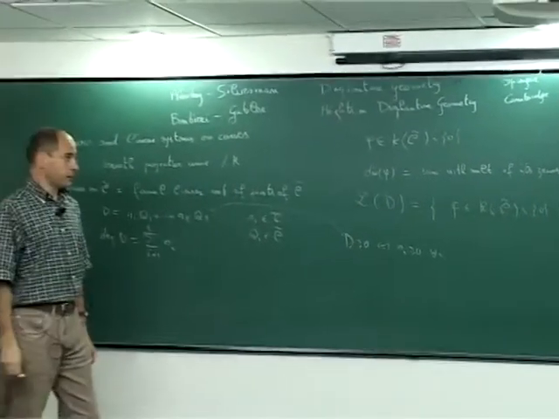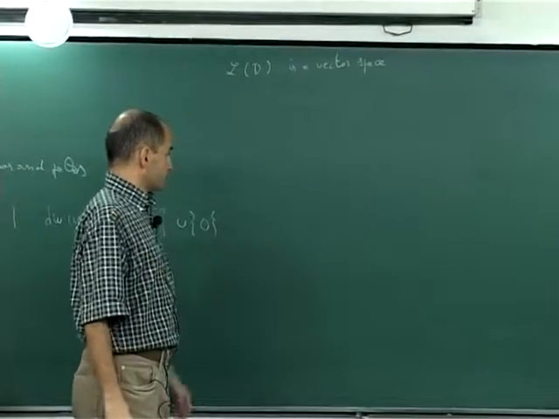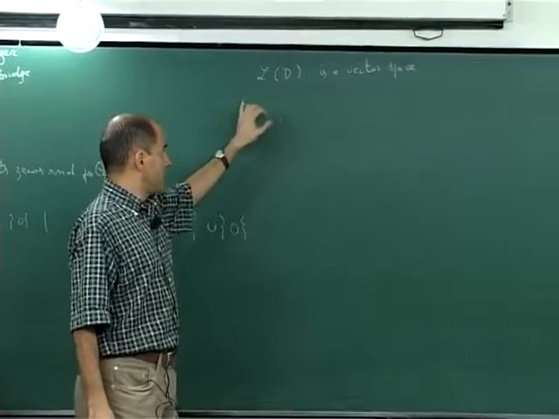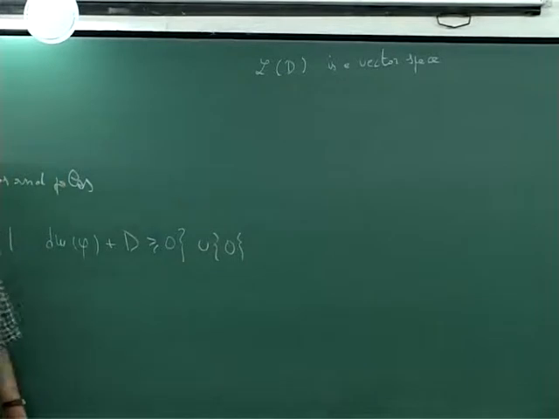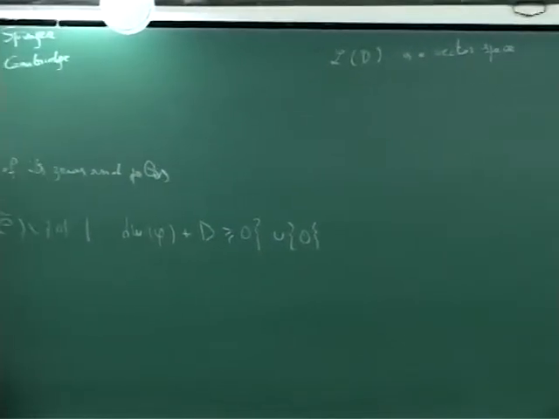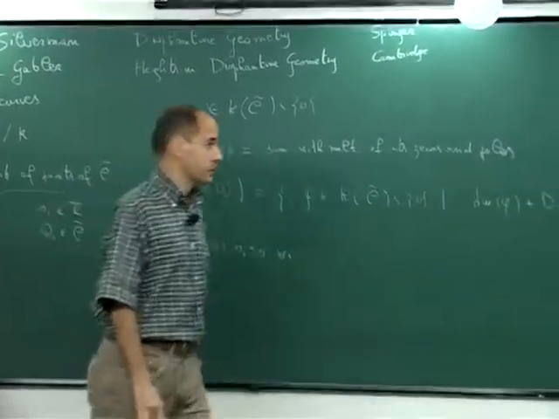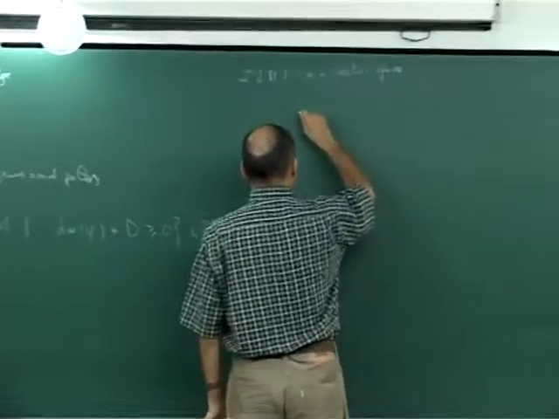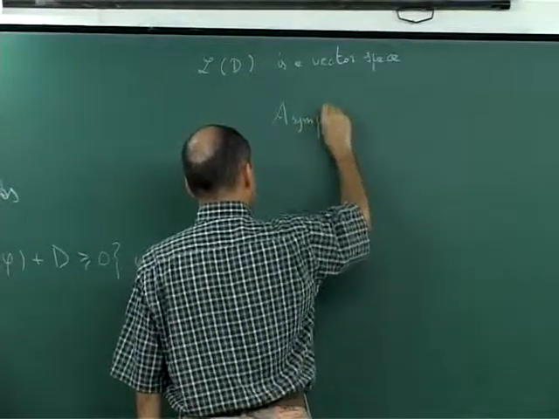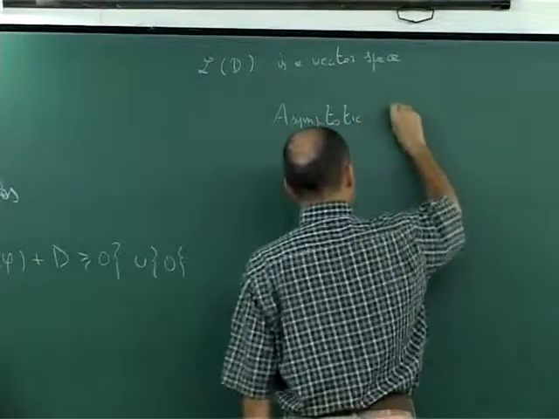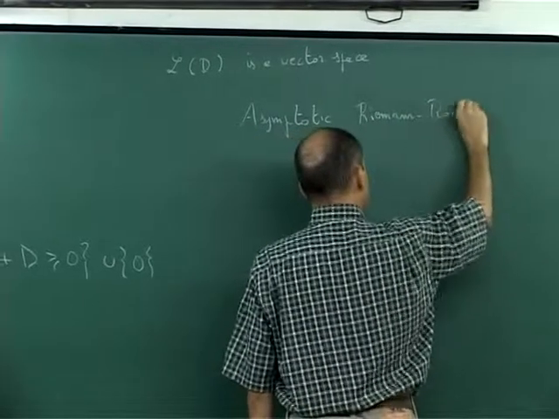It is always of finite dimension, and what I need is a weak version of the Riemann-Roch theorem, giving a formula for the dimension of this linear space. Actually, I call it asymptotic Riemann-Roch theorem.